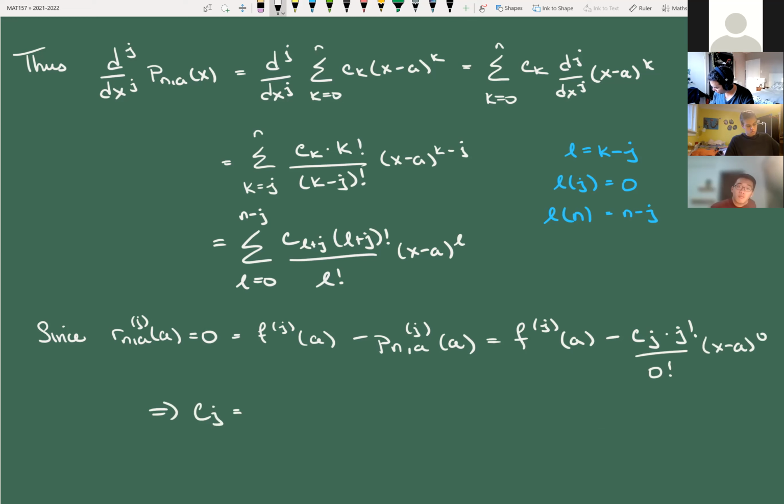And that is going to give me f^(j)(a) over j factorial. Voila. So now I've found my coefficients, and 0 factorial is just 1.